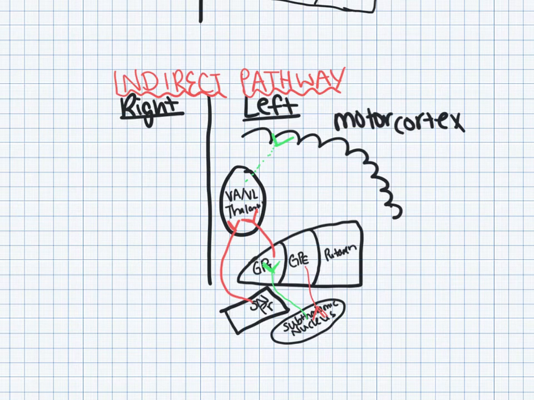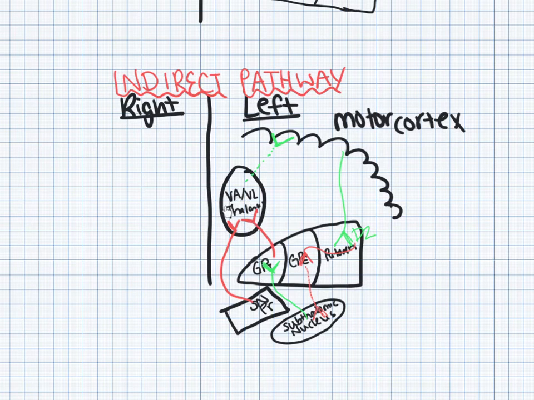So the indirect pathway acts by the motor cortex exciting striatal neurons that are D2 striatal neurons in the putamen. And then the putamen D2 neurons will act to inhibit the GPE neurons that are projecting to the subthalamic nucleus, resulting in disinhibition of the subthalamic nucleus, allowing it to excite the GPI, allowing the GPI to inhibit the thalamus.